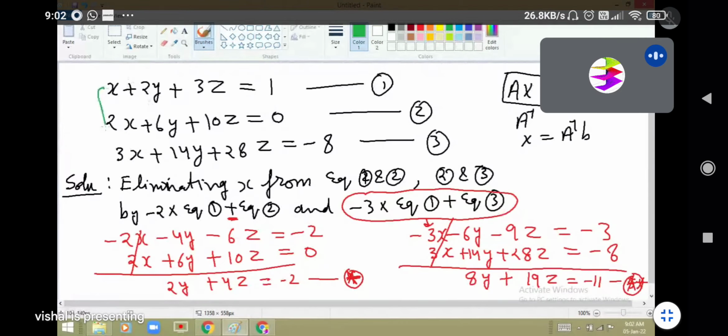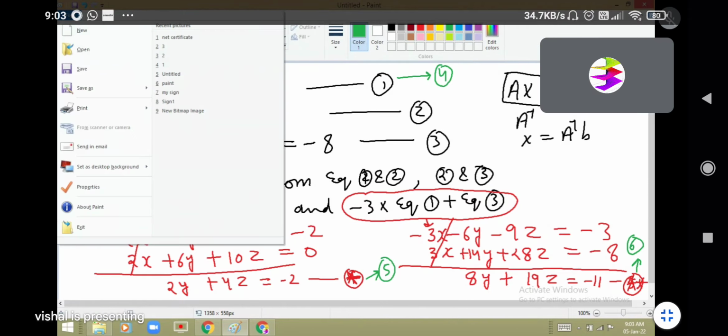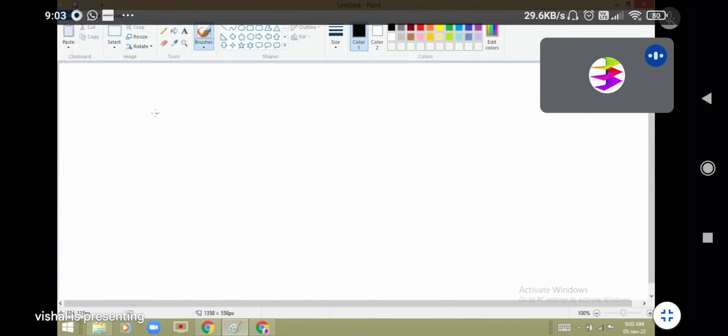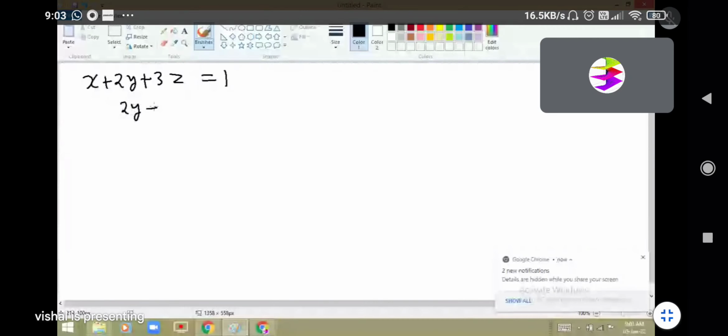Now this is our system of equations first. Now our system of equations becomes this equation, I will say equation number 4, this equation I will say equation number 5, and this equation I will say equation number 6. Okay, in the next page. So our system of equations becomes x plus 2y plus 3z is equal to 1, 2y plus 4z is equal to -2, 8y plus 19z is equal to -11.